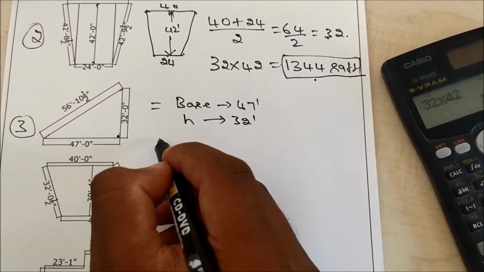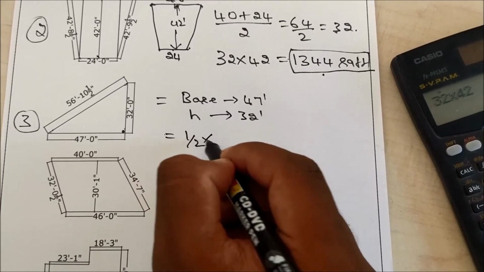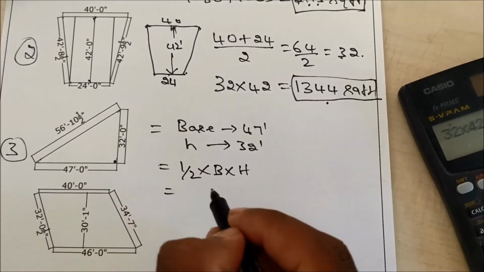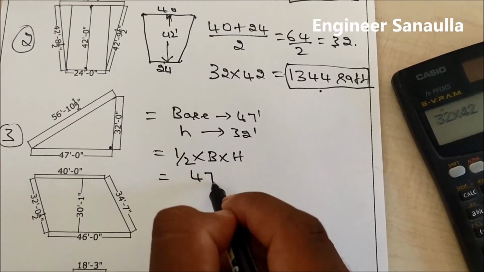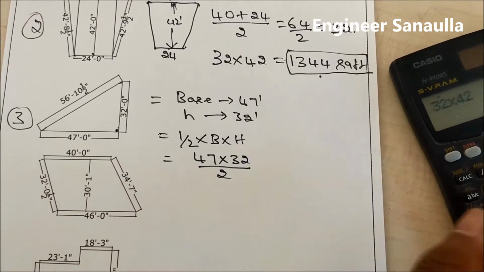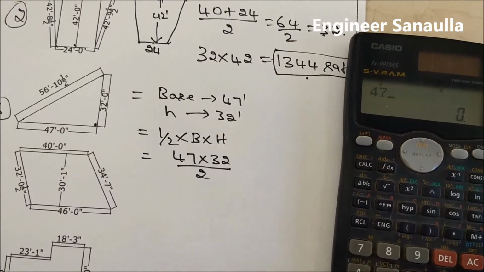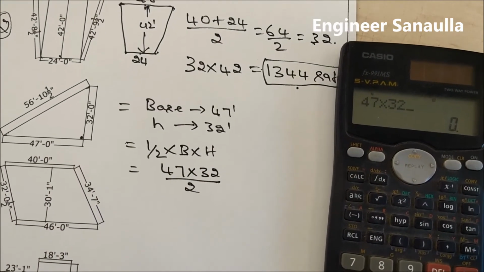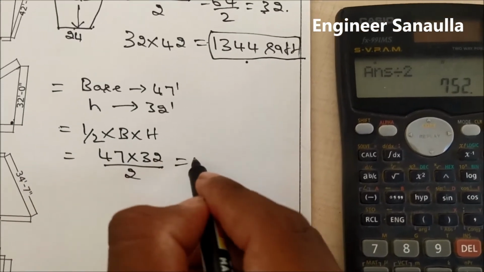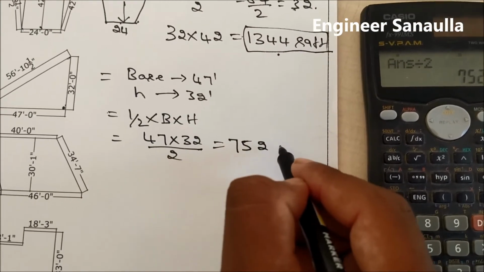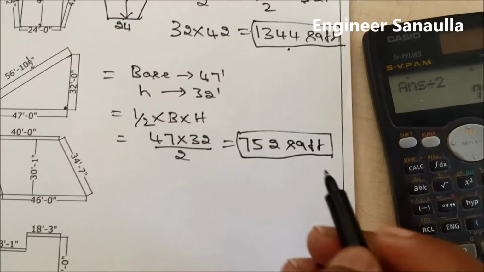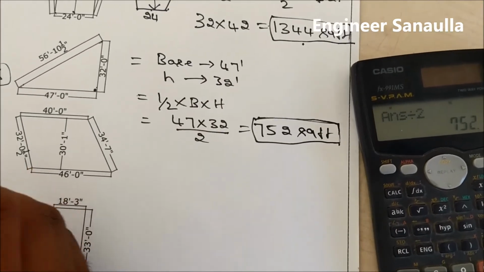The formula is half into base into height. So base 47 into height 32 divided by 2 will come 752 square feet.